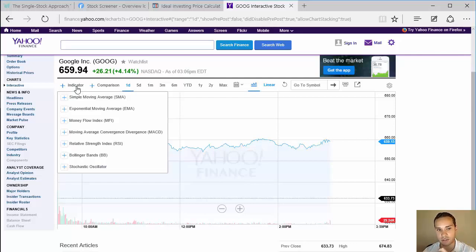When you set up your chart, you want at least two indicators, one from each type, if you're simply looking at price action, because you want to know where the volume is and where the price is. Right now Google's trading at $659.94.